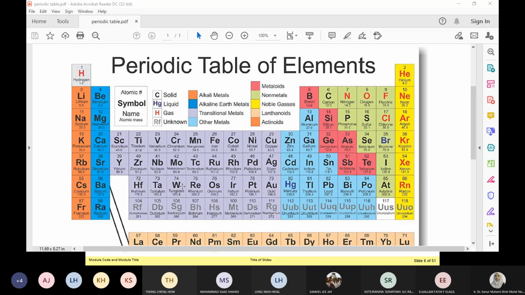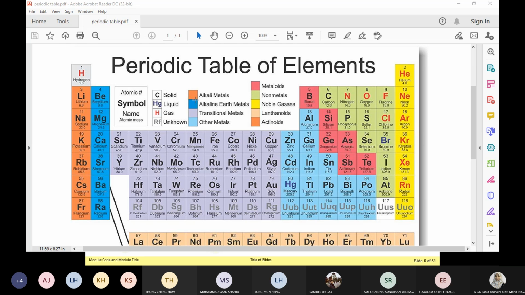So tungsten symbol W. Mass is 183.8. Okay, so mass no need to calculate. Take straight away from the table. Sometimes I ask you to take straight away, the formula also you wrongly type or you wrongly write in the exam. Even though we give formula, sometimes student copy from formula sheet to paper also wrong.